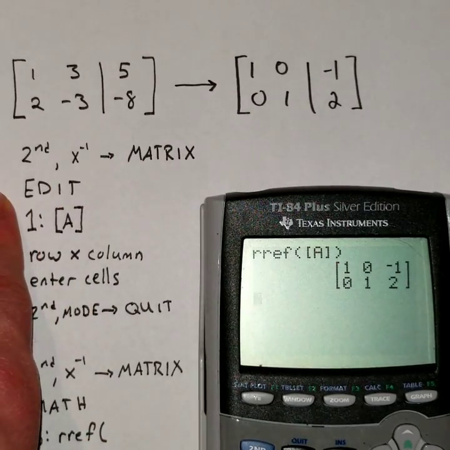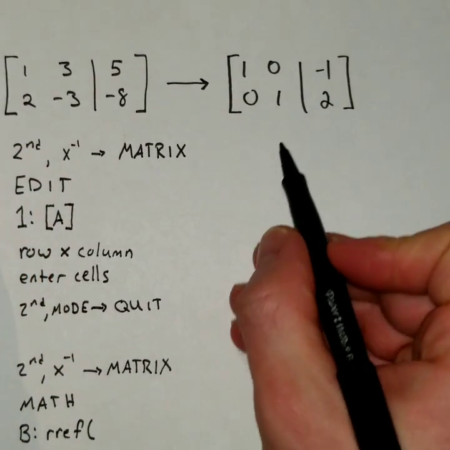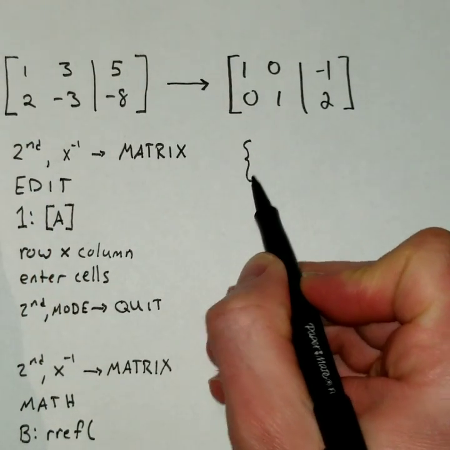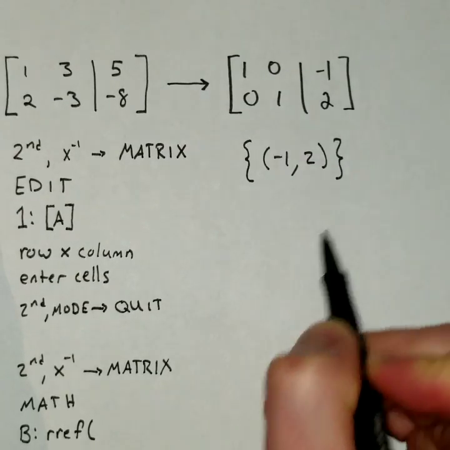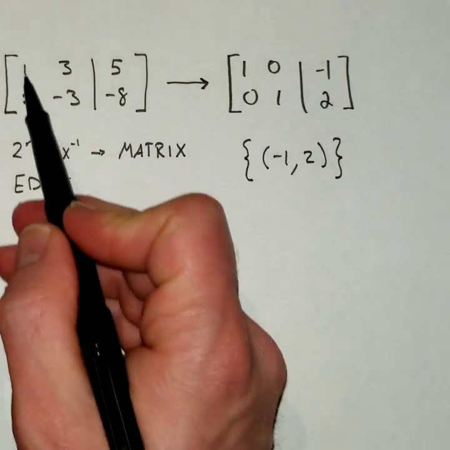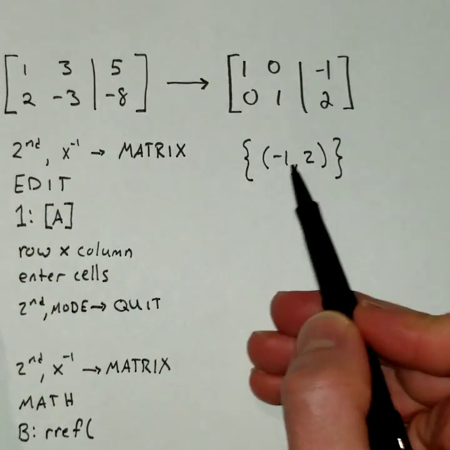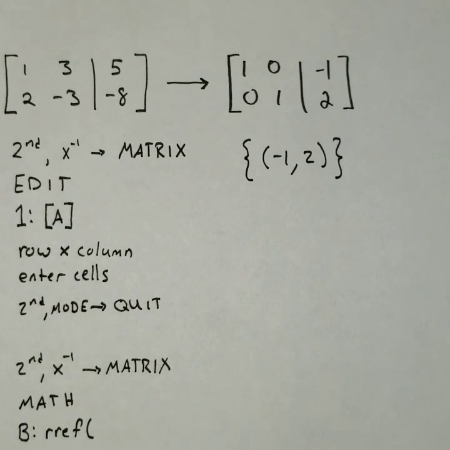And then you're going to need to represent the final answer as a solution set to show that you can interpret that properly. So when you do this on a test, if you're using your calculator, there are 3 things you need: the initial matrix, the final matrix, and the solution set.